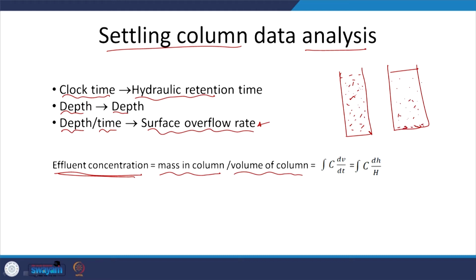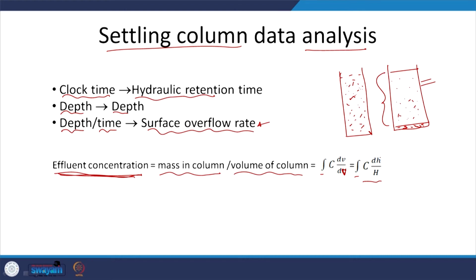So what is my effluent concentration going to be? It is equal to the mass in this column, not in this zone, divided by the volume of the column. That's going to be my effluent concentration. How do I get that? I will have to get that by integrating C dV by V, or C dH by H, I guess, right. That is something to keep in mind.